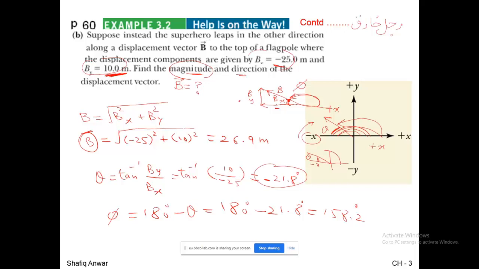You need this angle, which is 180 minus this theta. Don't put minus plus again. That will be against the rule, because if you add 180 plus this, it will be more than 200. But all this should be 180. So this is the final angle from the positive x-axis. Clear? From here up to here. Voilà.